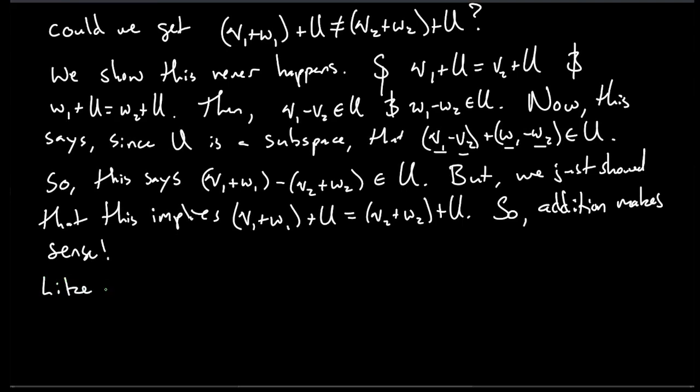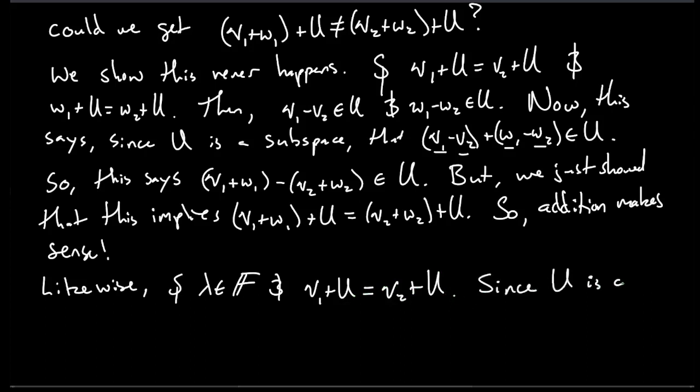Likewise, let's do scalar multiplication, though I think this one is a lot easier. Let's suppose that lambda is a field element, and v1 plus u is equal to v2 plus u.